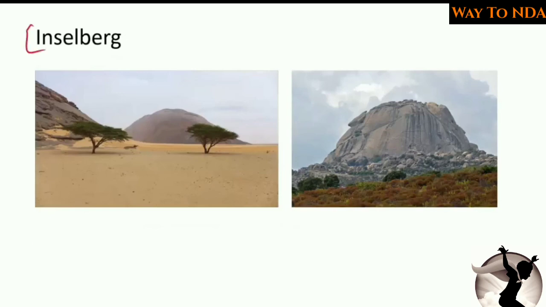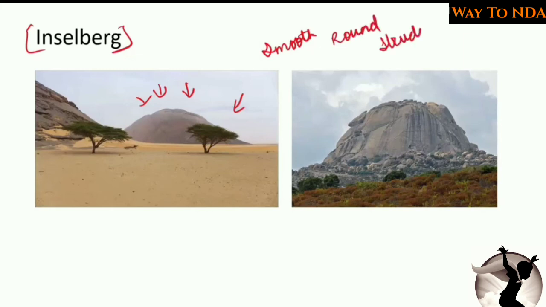Then Inselberg. An Inselberg is a hard rock structure which is not eroded easily, but it stands out as a smooth, round structure mainly because it is made up of hard rock.